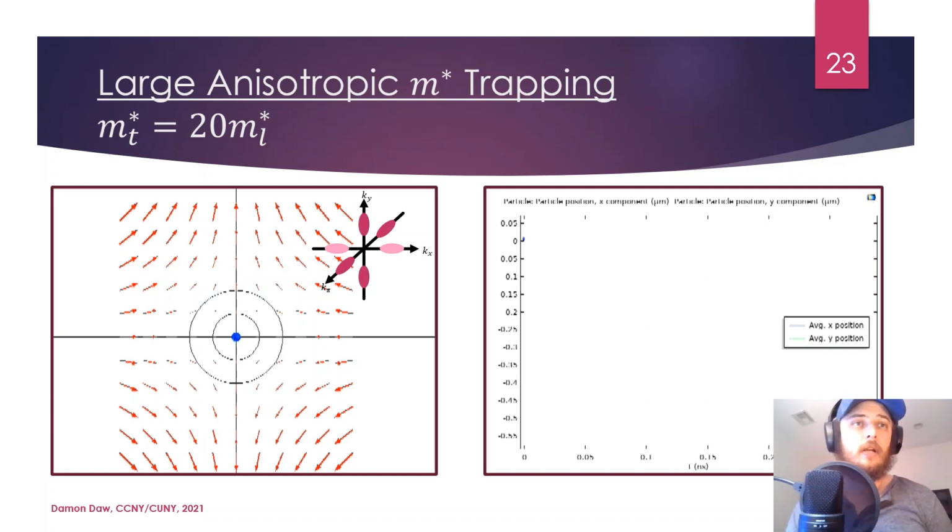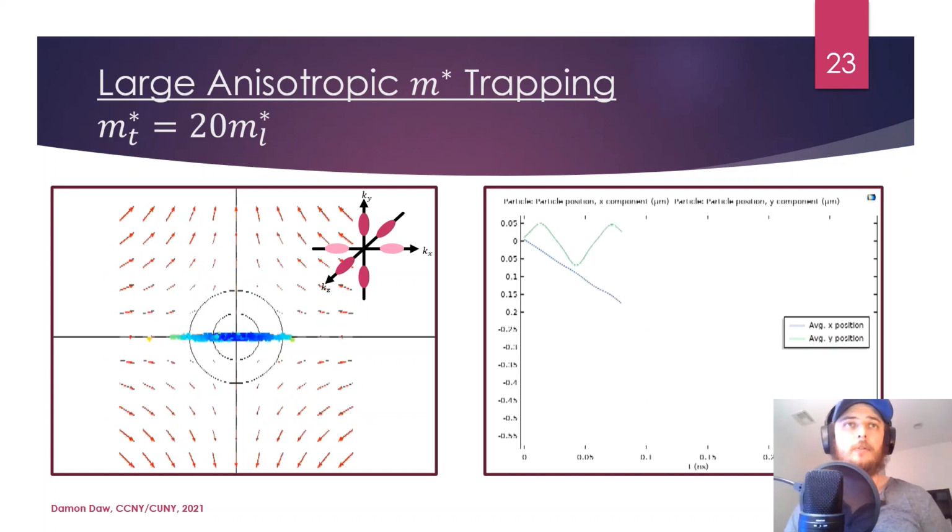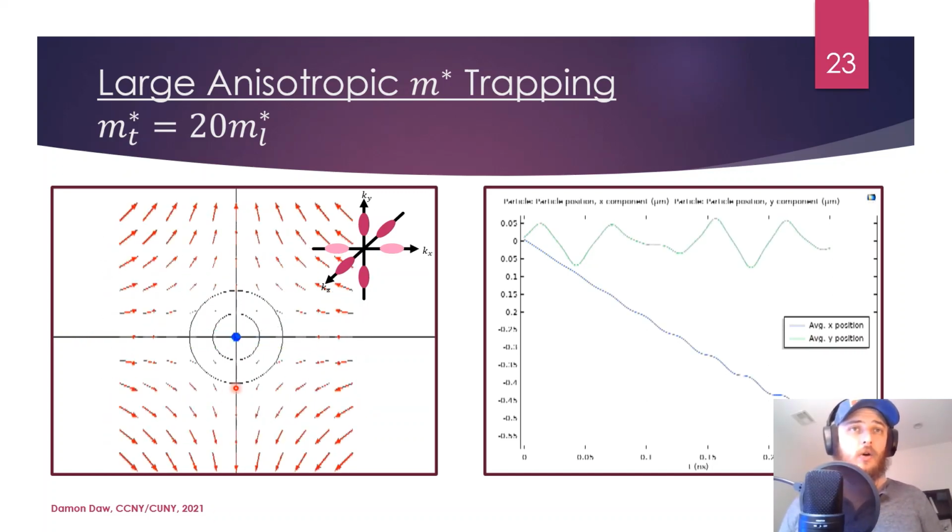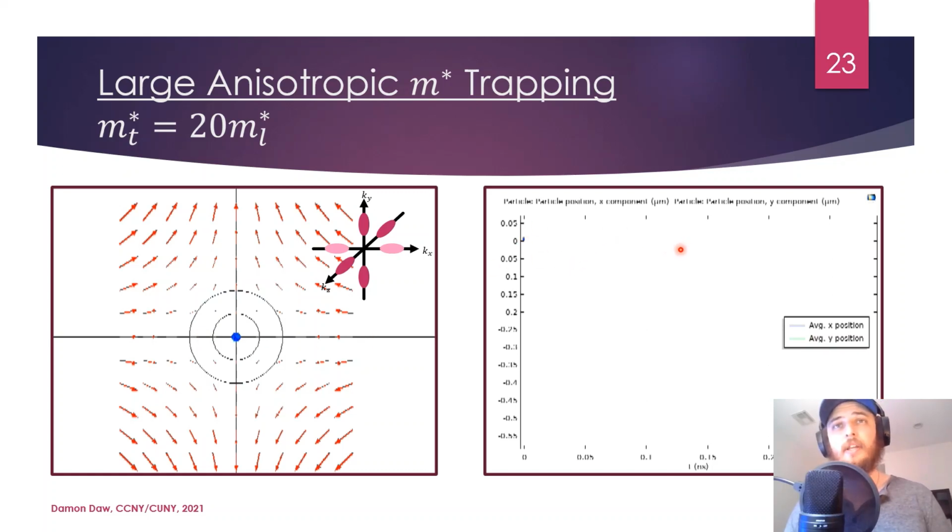But even in a very, very anisotropic crystal, with a factor of 20 difference, you can see that over here, the carriers are well confined in the light vertical direction. It's harder for them to be confined in the horizontal direction because they're heavier along that direction. And you can see that sort of represented in their average motion.